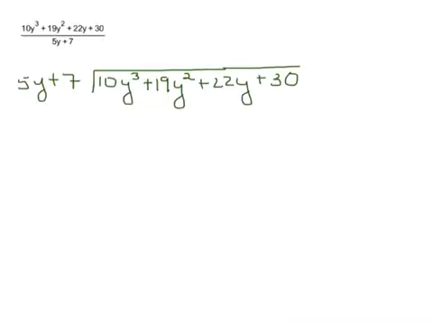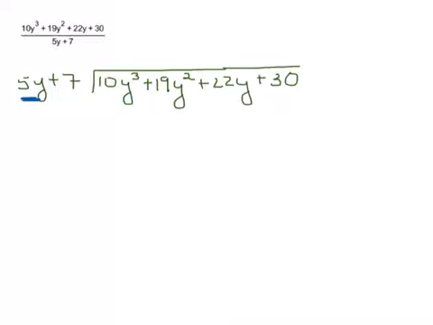Okay, to start the problem, we're only going to look at the first term in each polynomial. And this is just like the long division that you might remember from grade school. We're going to ask ourselves the equivalent of, what do you multiply 5y by to turn it into a 10y to the third?